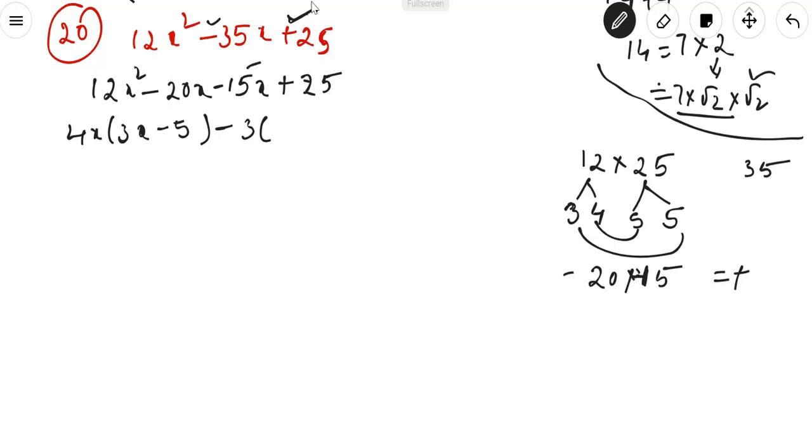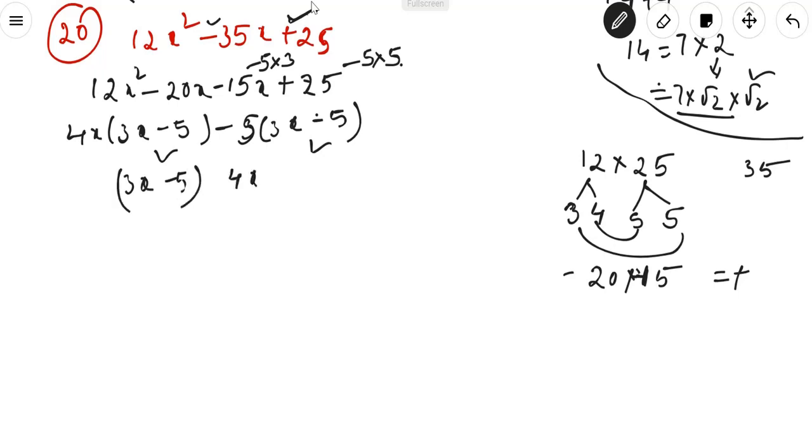What are the factors here? 5 into 3, 5 3s are 15. Here 5 into 5. So what I can take common here is 5. So 5 3, 3x minus 5, because I have taken minus out. So this one and this one are common. So this is 3x minus 5, and what is left out is 4x minus 5. Okay, now these are the factors of problem number 20.